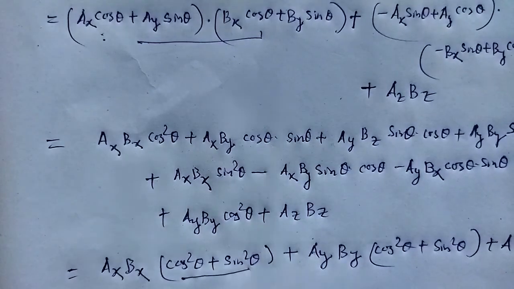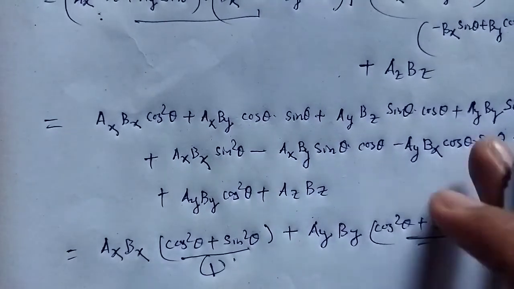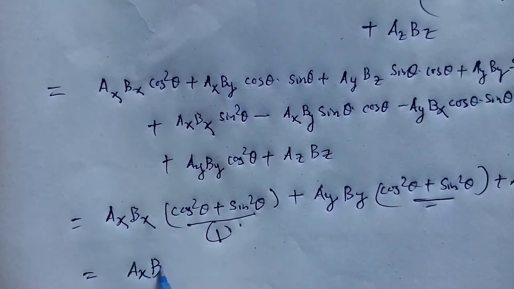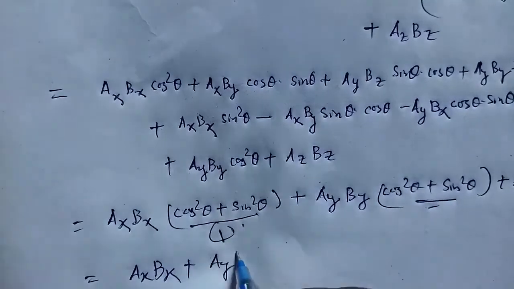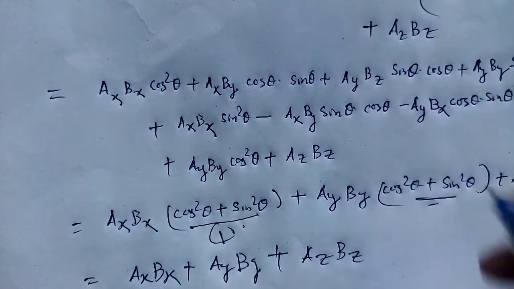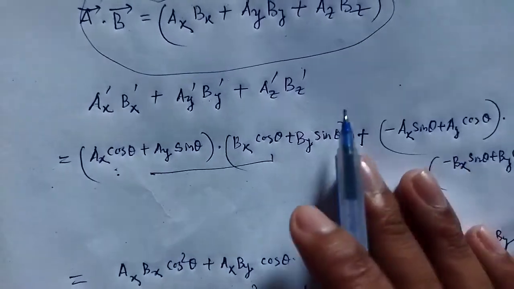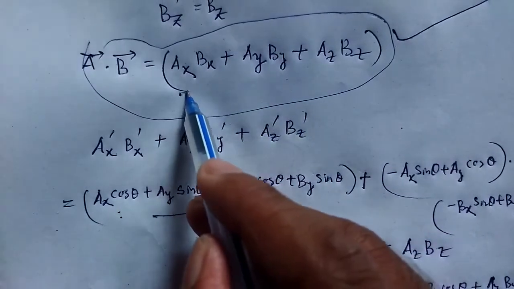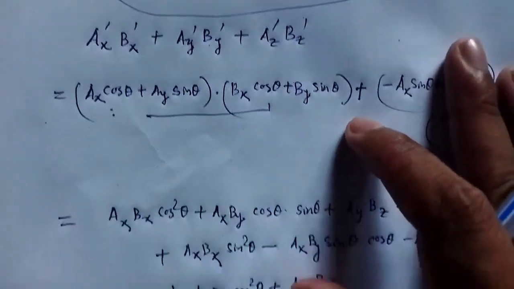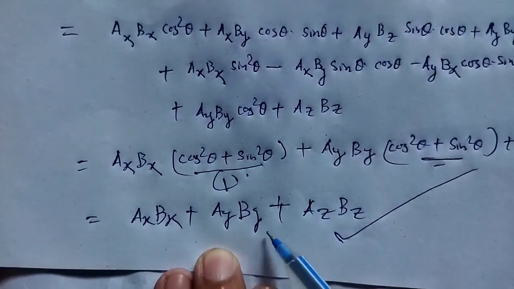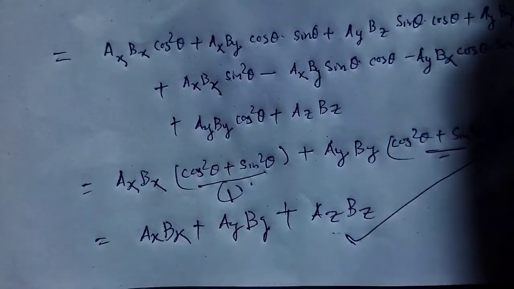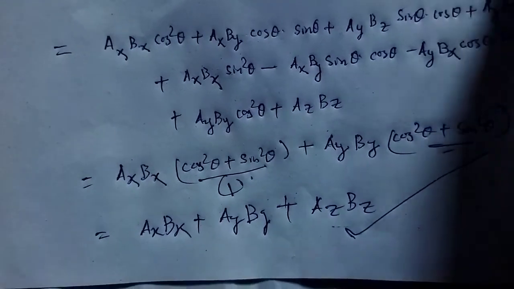Since cos square theta plus sin square theta is equal to 1, the equation becomes ax bx plus ay by plus az bz. As we discussed, A dot B is equal to ax bx plus ay by plus az bz. Similarly, under rotation we find ax bx plus ay by plus az bz are the same. So we can easily prove the invariance of the scalar product of two vectors under rotation.